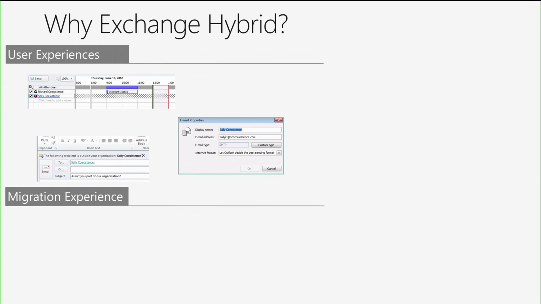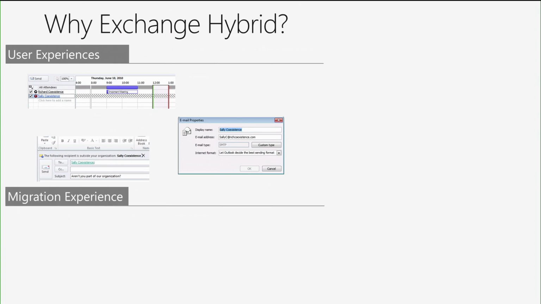Without hybrid in place, those two organizations are completely unrelated to each other. And so the experience that an end user would get when trying to collaborate with someone, say from on-premises to Exchange Online, would be the same experience they would have trying to collaborate with a partner organization, another company that user communicates with on an ongoing basis, where no organizational relationship has been configured.